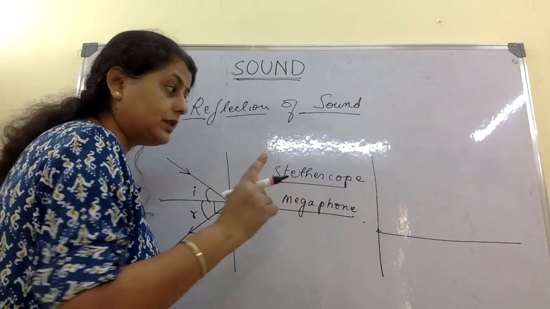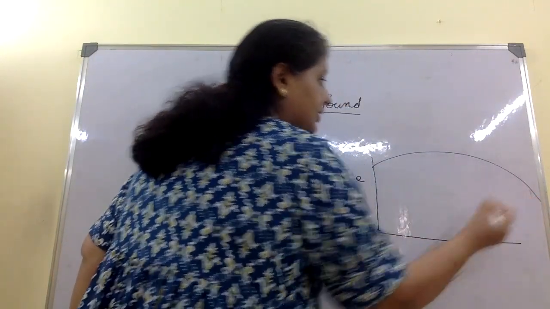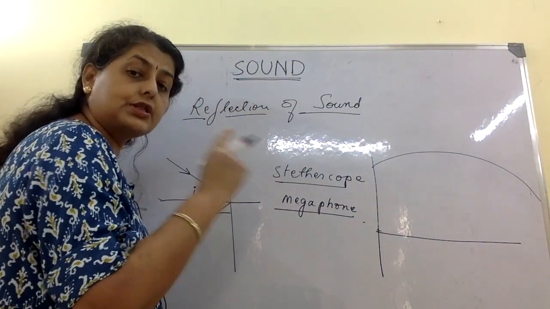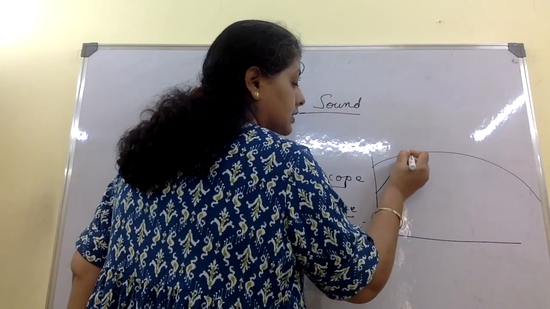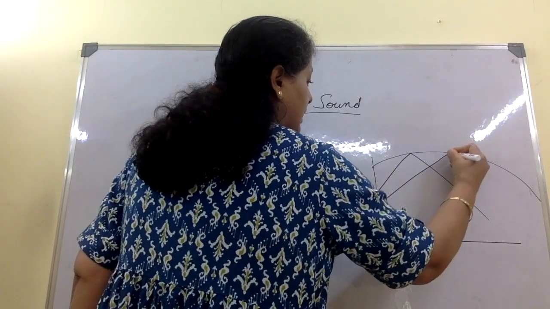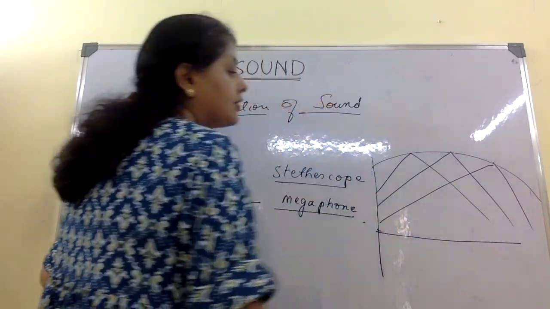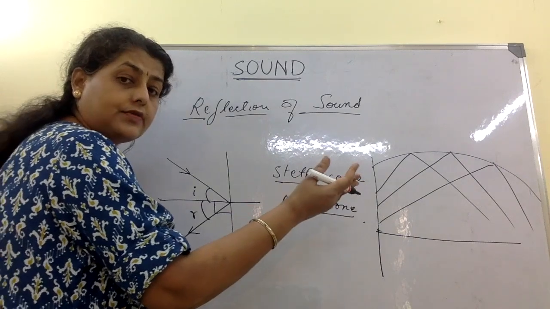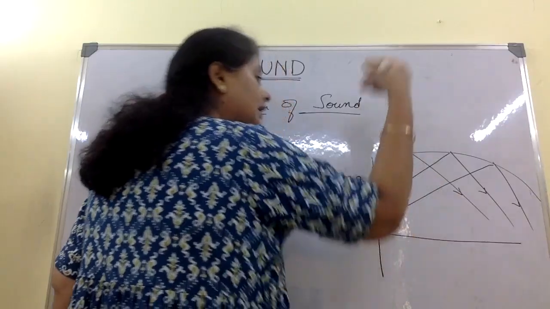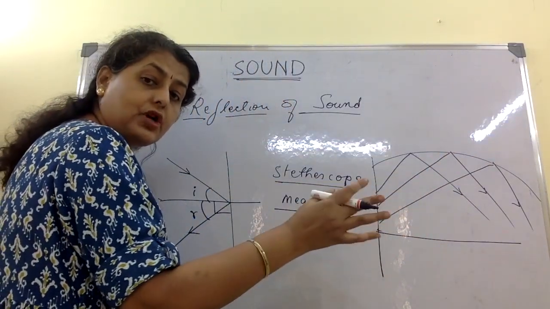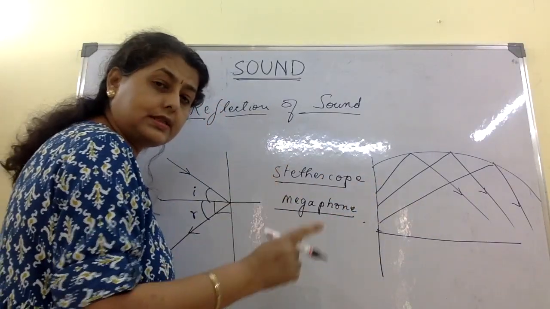For that they make the ceiling slightly curved so that the reflected sound reaches them properly. If the ceiling is not curved, then these reflected sounds can go and again get reflected on a wall. To avoid that, the ceiling is made curved so that it reaches all the audience properly.